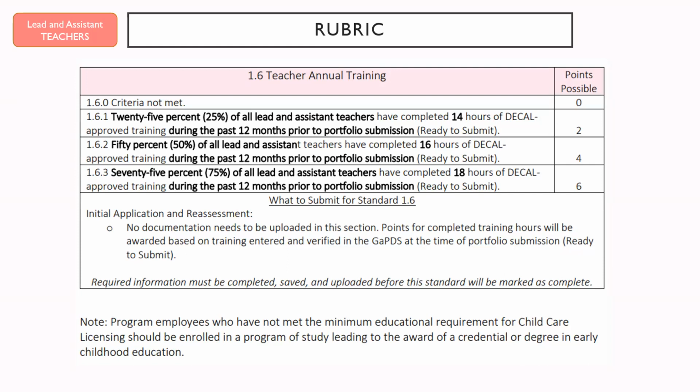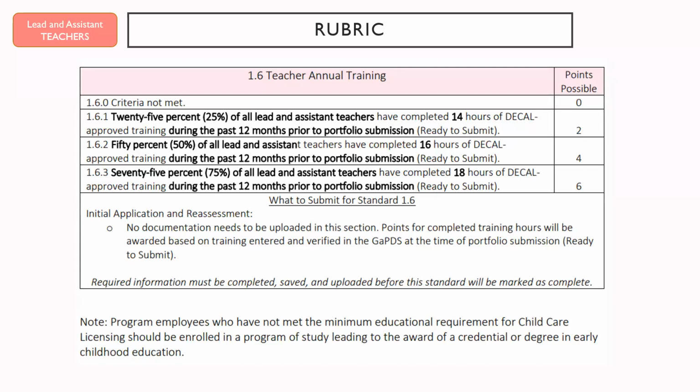If that criteria is not met, 0 points would be awarded. However, 14 hours of training by all 25% of all lead and assistant teachers within the 12 months prior to submission would give you 2 points.